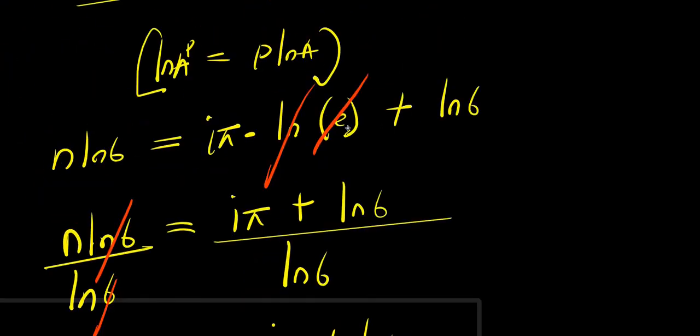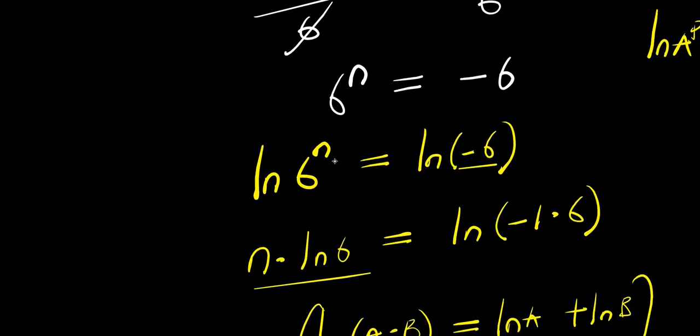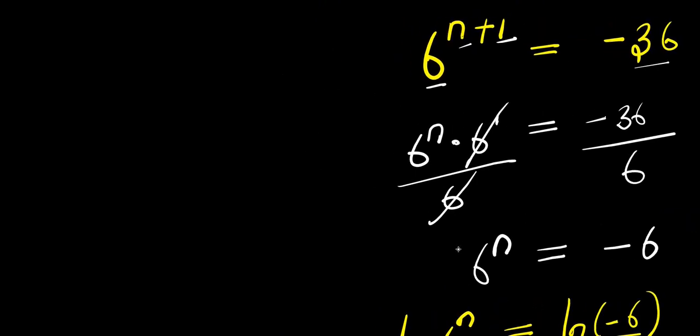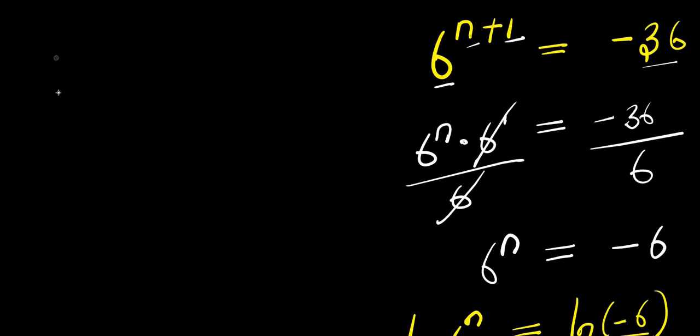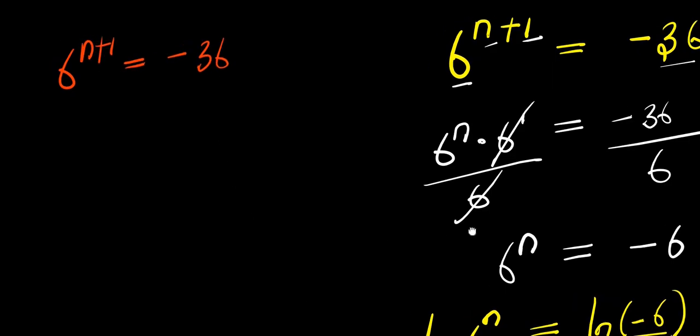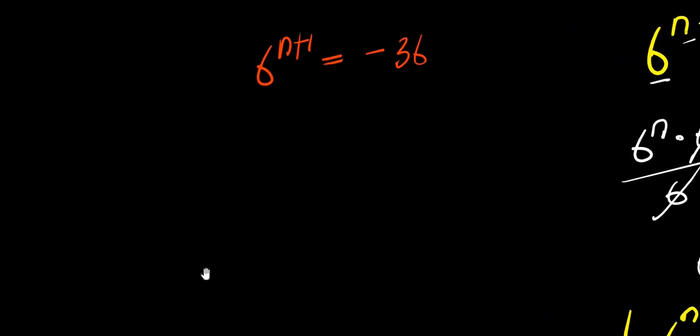Now we can also solve this when negative 1 equals I power 2. I have 6 power n plus 1 equals negative 36. From here, remember a power x plus y equals a power x times a power y.